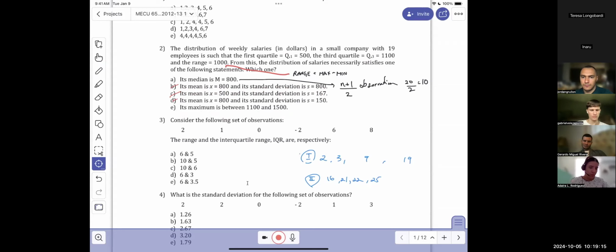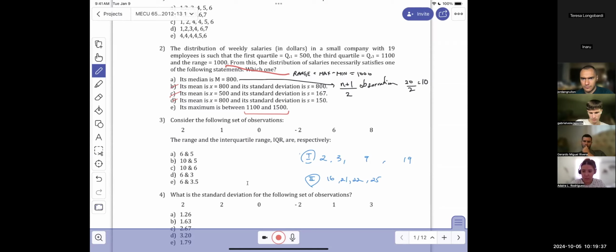But let's talk about E a little bit more, so you feel more confident. The range is max minus the min. It has to be 1,000.